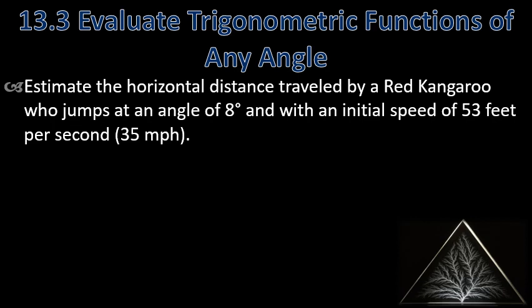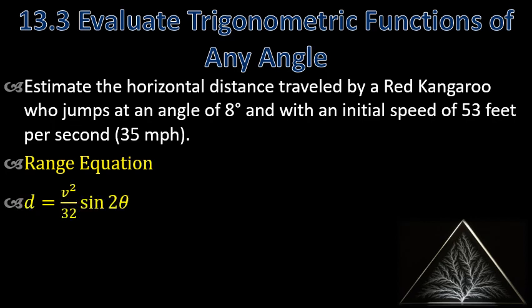Estimate the horizontal distance traveled by a red kangaroo who jumps at an angle of 8 degrees with an initial speed of 53 feet per second, which is about 35 miles per hour. Now this has very little to do with anything else other than, hey, the book decided to throw it in. We use what's called the range equation.